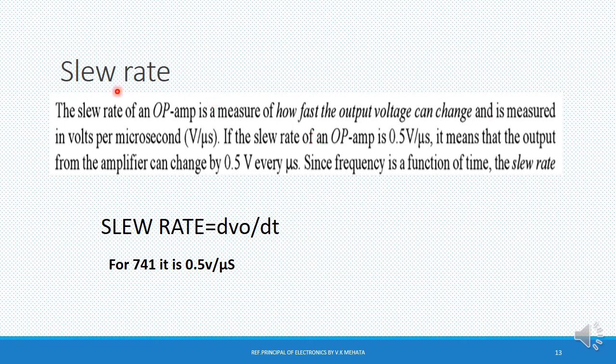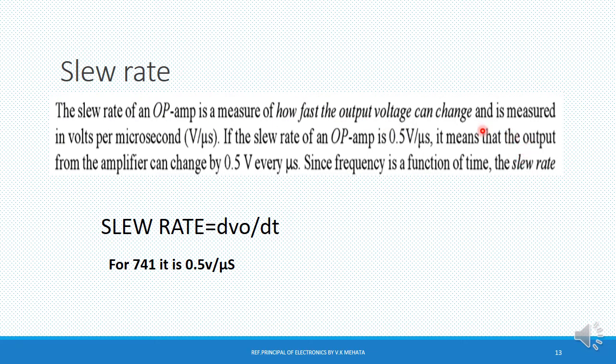Slew rate is how fast the output of the operational amplifier changes. If the slew rate is higher, then that is called a good operational amplifier. If the slew rate is higher, you are going to get a fast output voltage. That is the meaning: how fast the output voltage can change.